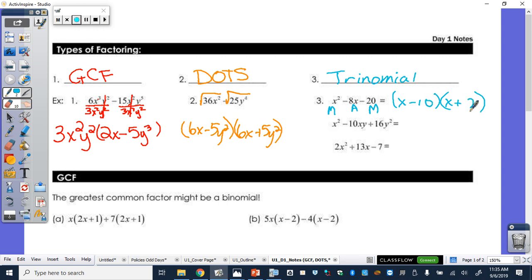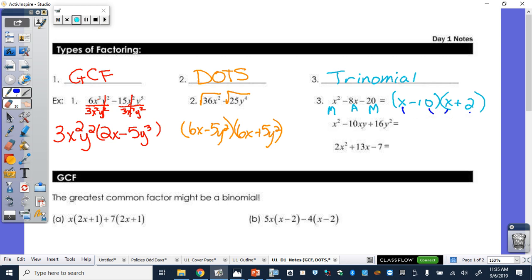Negative 10 and positive 2. So negative 10 times 2 does give us that negative 20. Remember, to get that middle term, you multiply these 2, and then you multiply those outside 2. So when I add those 2 together, that's where our negative 8x comes from. I have a tendency to refer to that as big smile, little smile.